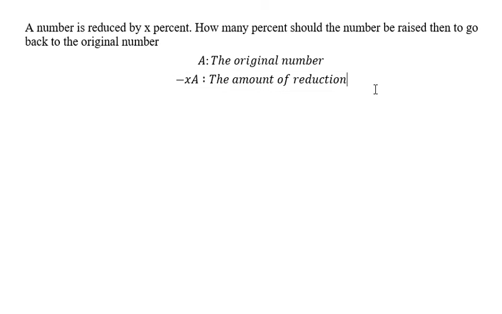So we have the new number, which should be A minus xA. So the question they ask: how many percent should the number be raised back to the original number?